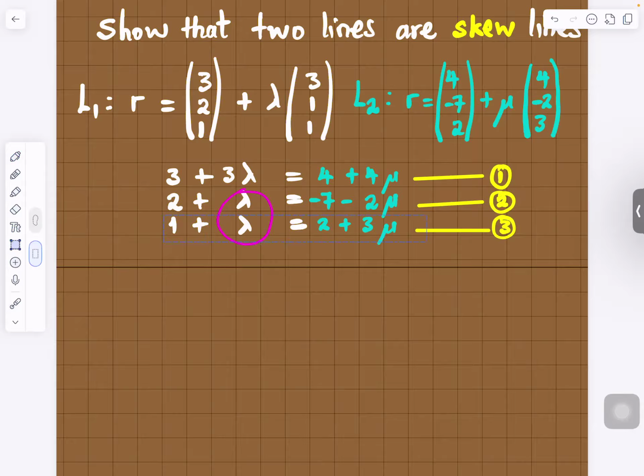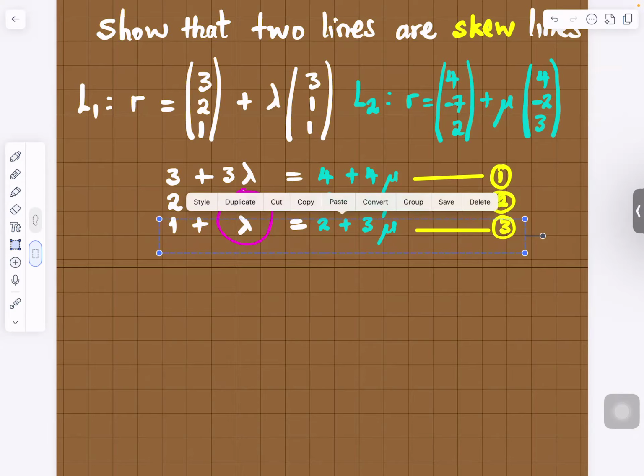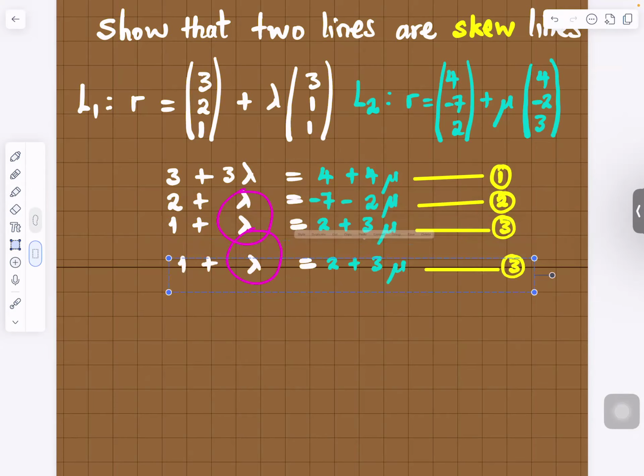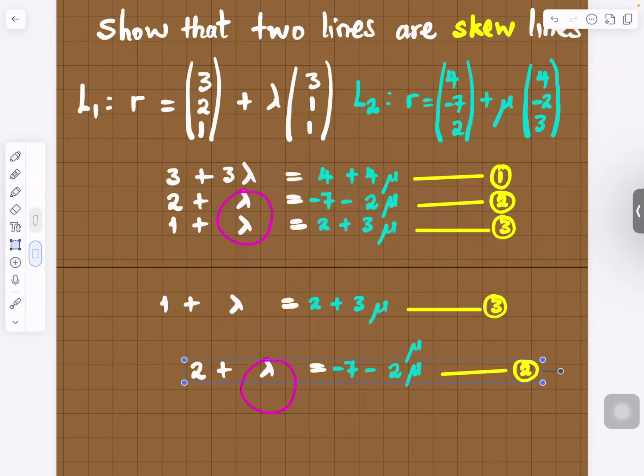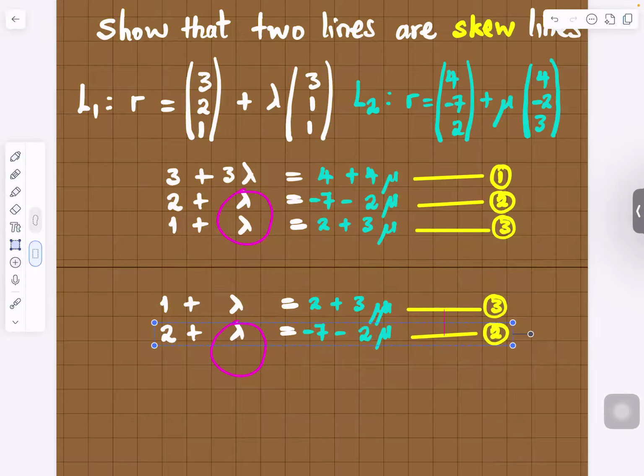So let me copy equation 3. That's equation 3 there. And then we want to minus equation 2. Take your time and write it neatly.